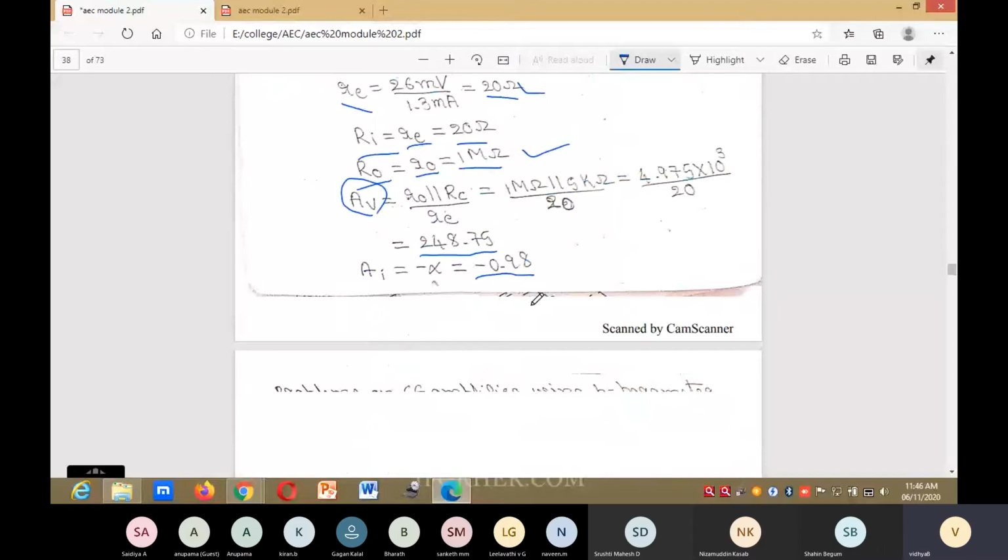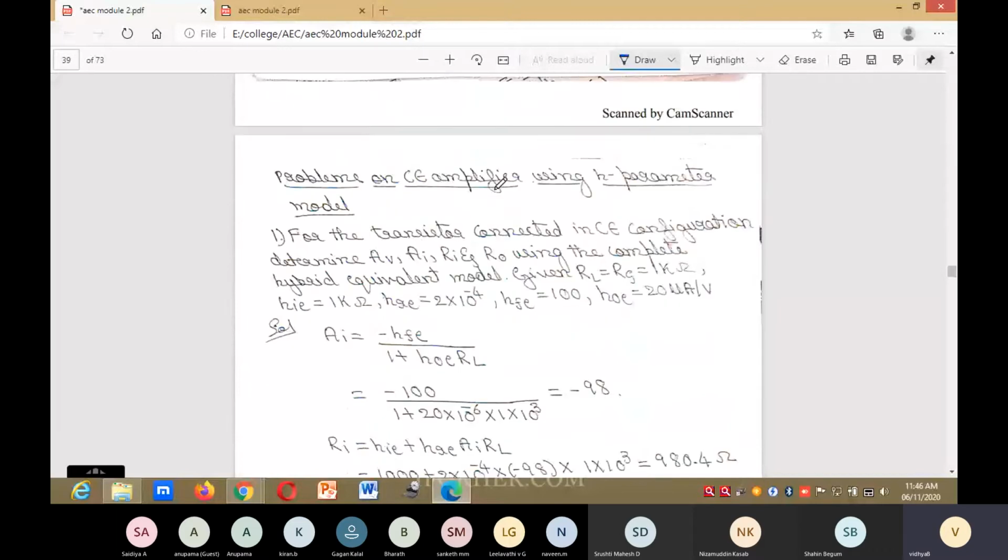Next, problem on CE amplifier using H parameter model. For the transistor connected in CE configuration, determine AV, AI, RI and R0 using the complete hybrid equivalent model.